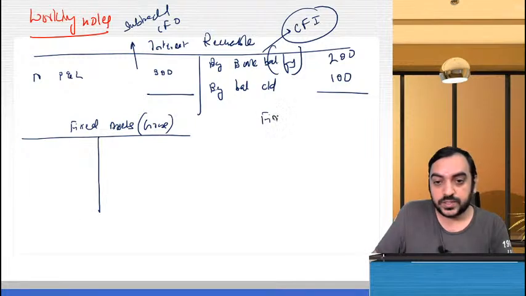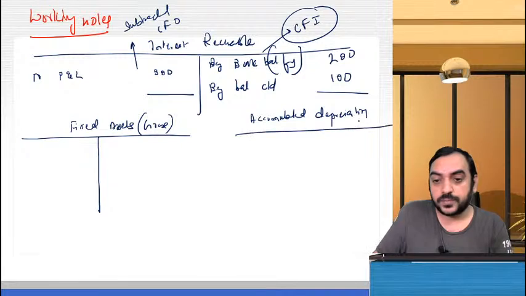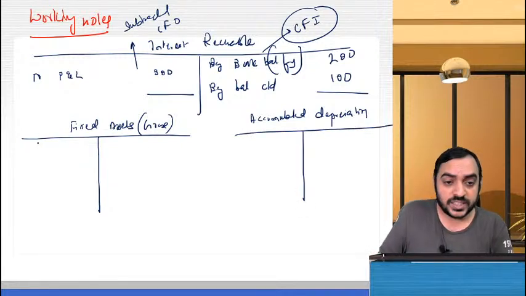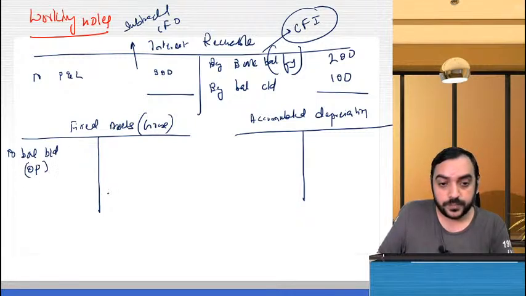Fixed assets, accumulated depreciation. So in fixed assets here we write to balance brought down, opening balance, by balance carried down, closing balance.